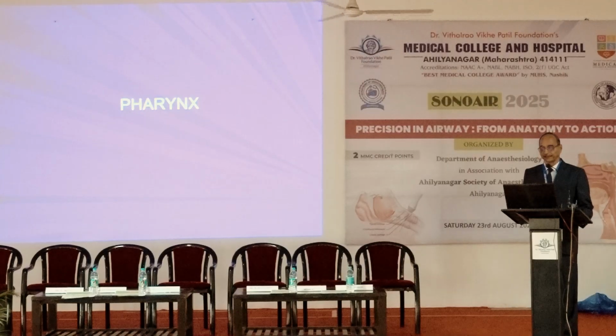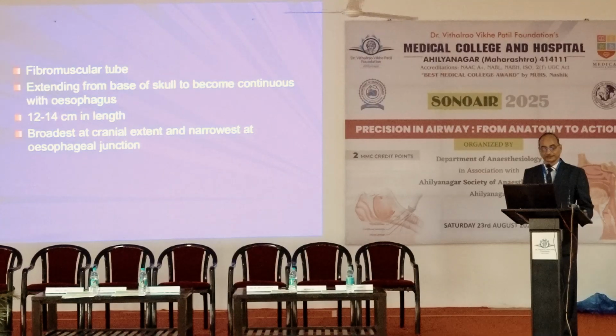Now coming to the pharynx. The pharynx is a fibromuscular tube extending from the base of the skull to become continuous with the esophagus. It is about 12 to 14 centimeters in length. It is broadest at the cranial extent and narrowest at the esophageal junction.